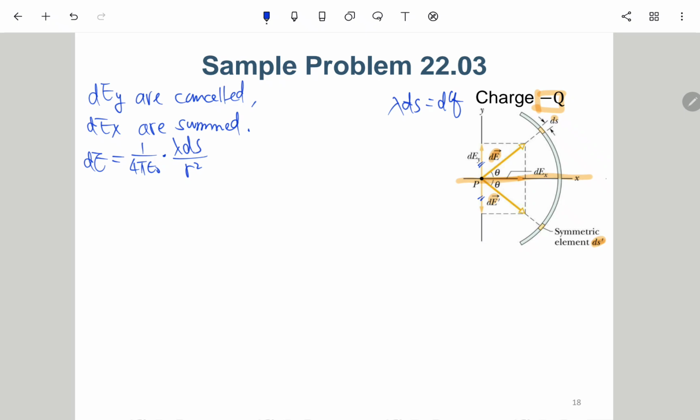Whether lambda is positive or negative, we can simply consider it a positive value. So Q over 2 pi r, but it is not a full circle, it's only 120 degrees, so it is one third of a full circle. So we will have lambda equal to Q over 2 pi r, times 1/3. Something like this.